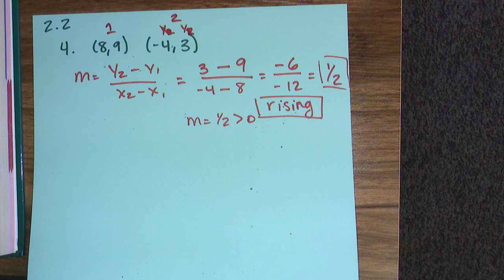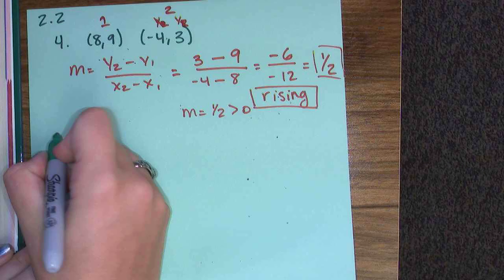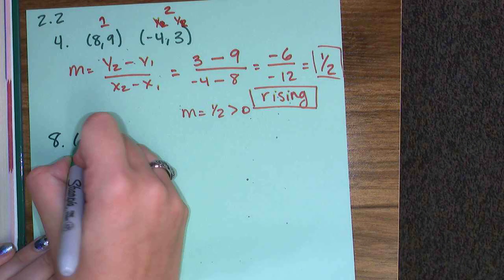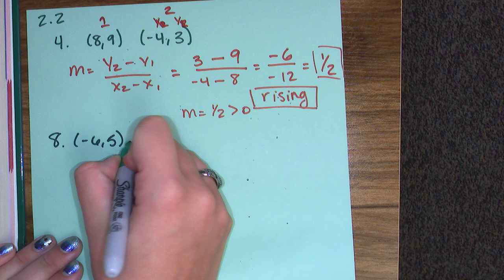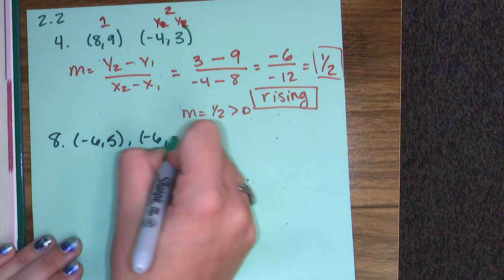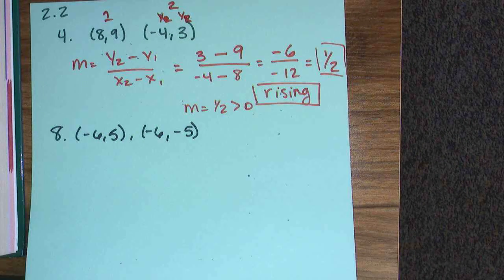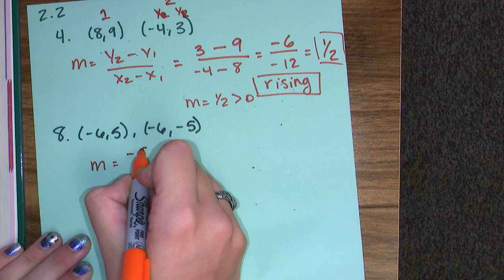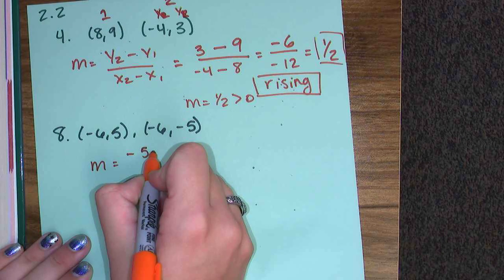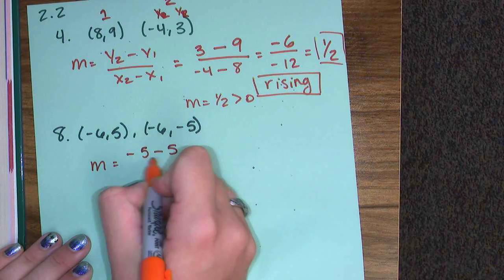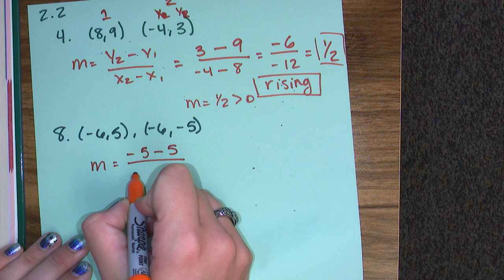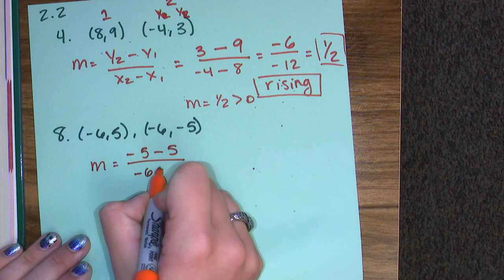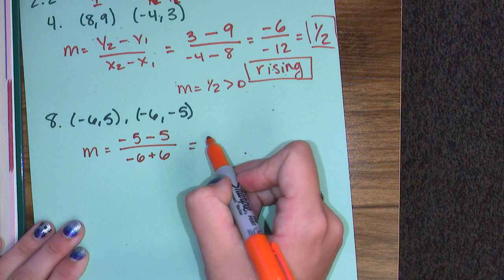All right, let's do another one. Number 8. (-6, 5) and (-6, -5). So I set this up. Meaning I get what?